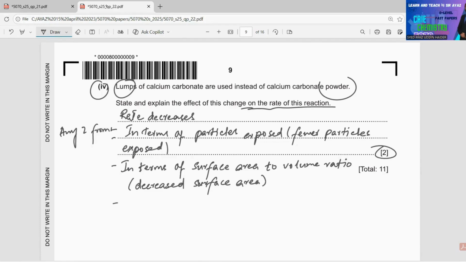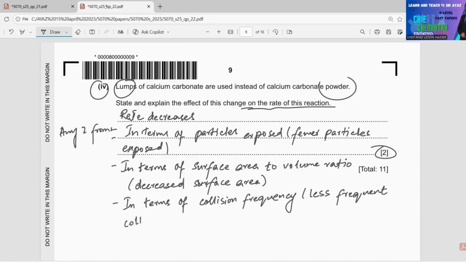Or you can write in terms of collision frequency. So what you're going to write, less frequent collisions, or less collisions per second.